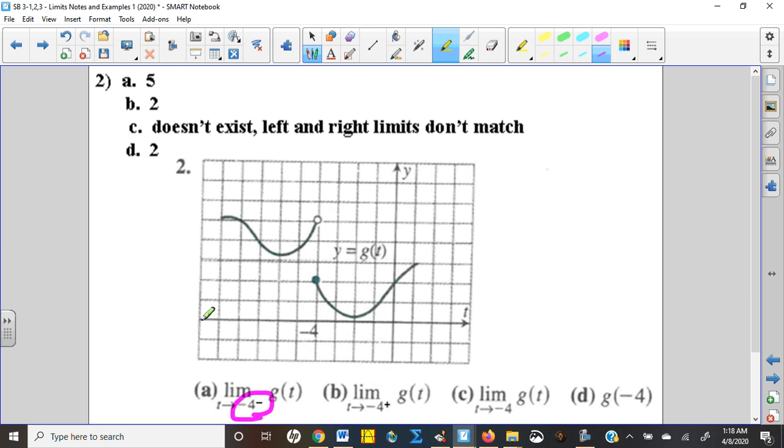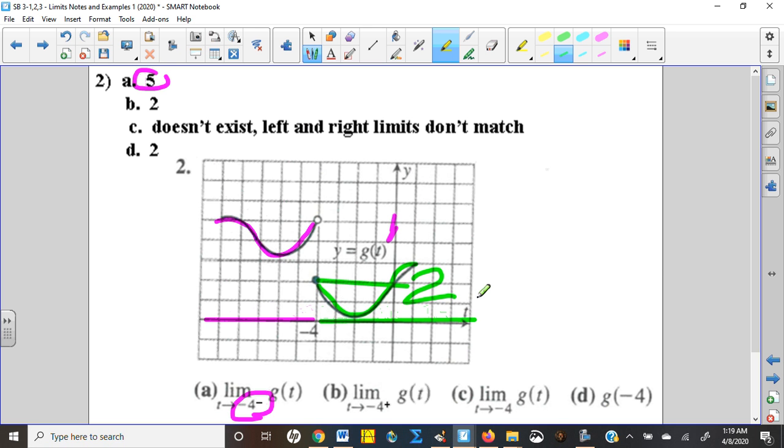So here we come into negative 4, and the function is here, and then up toward a height of 1, 2, 3, 4, 5. Okay, so the left limit is 5, and now the right limit. Here we come in from the right. We're following this curve down and up. Looks like the height is 2.